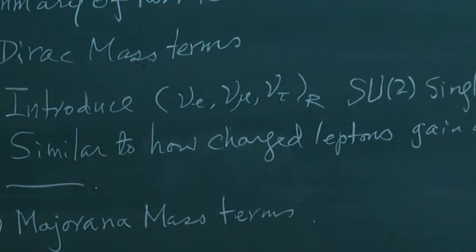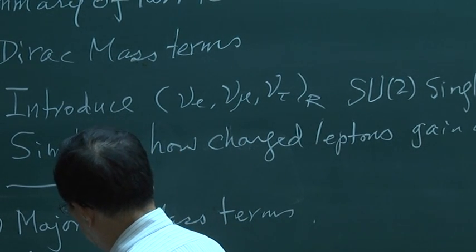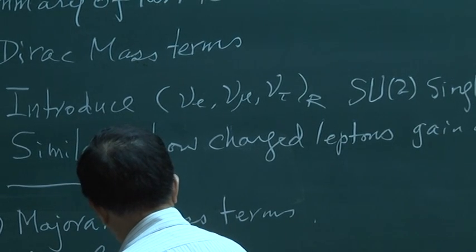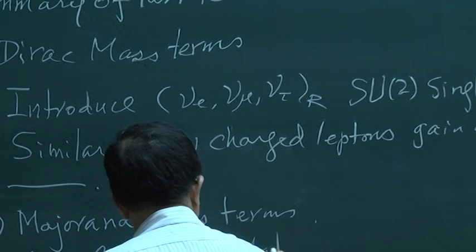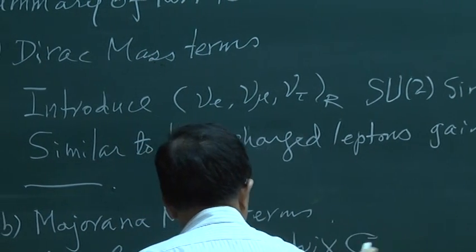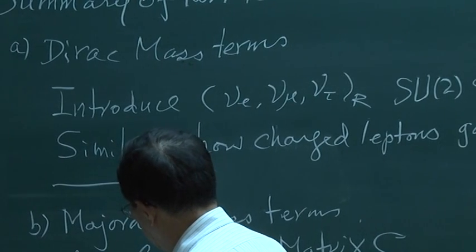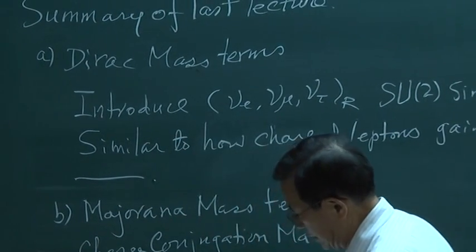Here we have to introduce a charge conjugation matrix, or C, and C turns out to be i gamma 2 gamma 0.